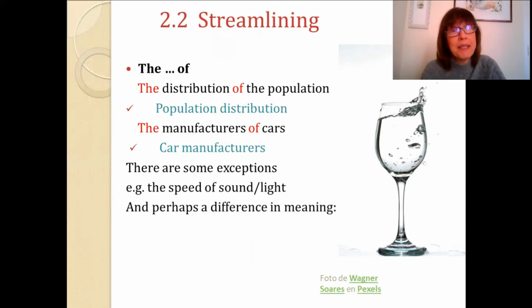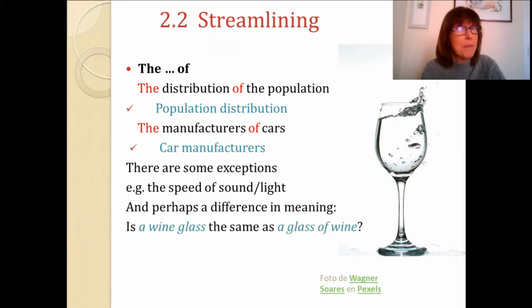And sometimes there is a difference in meaning, which may or may not be important. Okay, so my question to you is, is a wine glass the same as a glass of wine? Because here we have a wine glass that is in fact a glass of water. So as far as I'm concerned, that's an important difference, because I prefer a glass of wine.